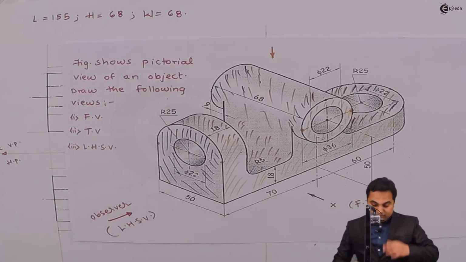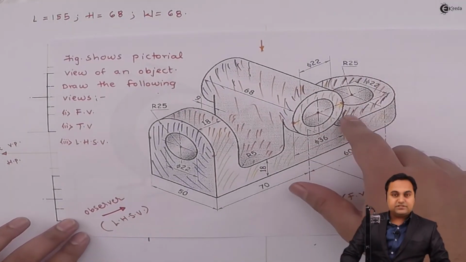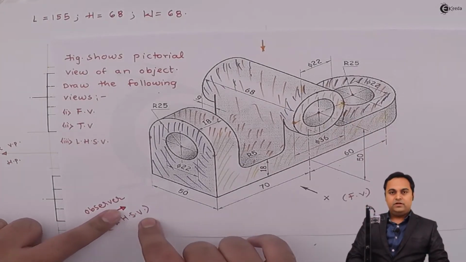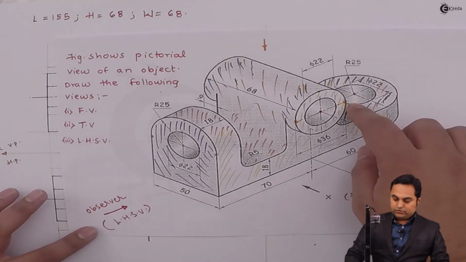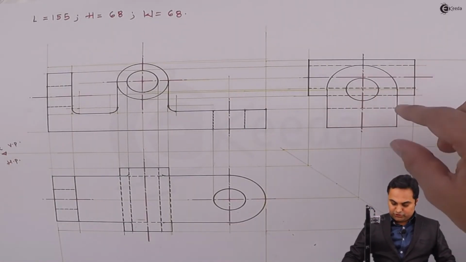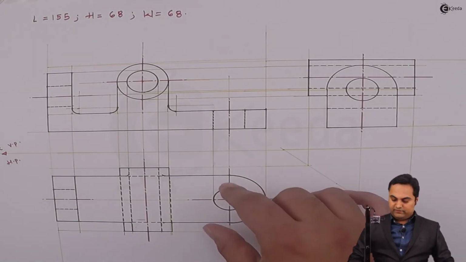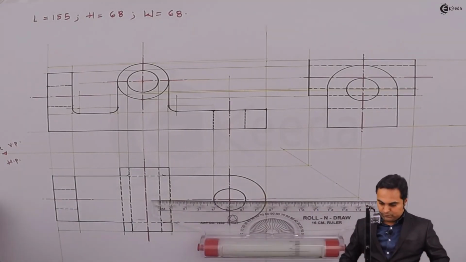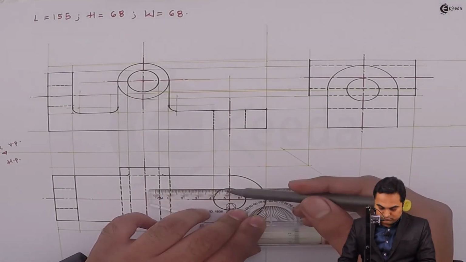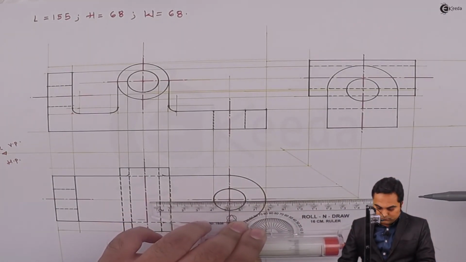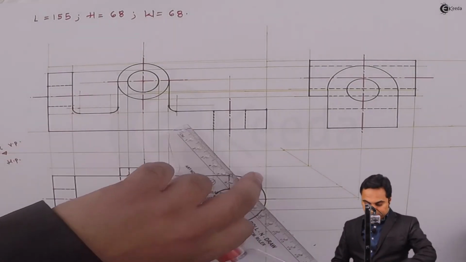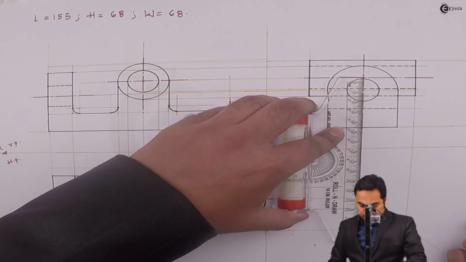So now here if we see, inside this semicircular disc, there is a circular hole which will not be visible from the left hand side, that is in the side view. So this hole I have to draw it hidden, and it is inside this hidden semicircular portion. In the top view that hole is here, so I will directly be projecting it. And I'll project it into the side view.